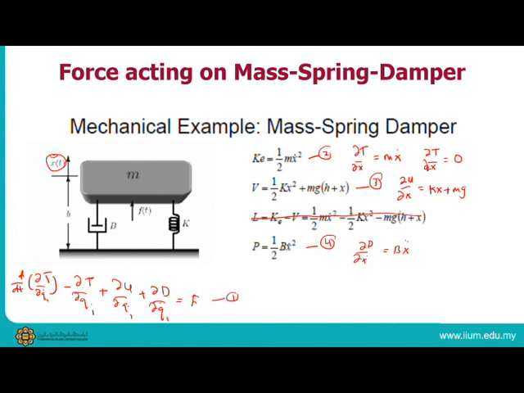Okay, so you insert all these. Basically this one is the equation 2, 3, and 4, right? So you insert into 1, then you can get d over dt of mx dot minus 0 plus kx plus mg plus bx dot equal to ft.